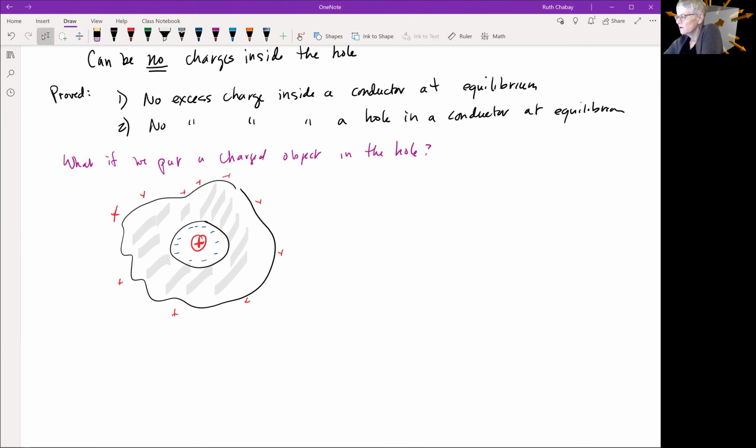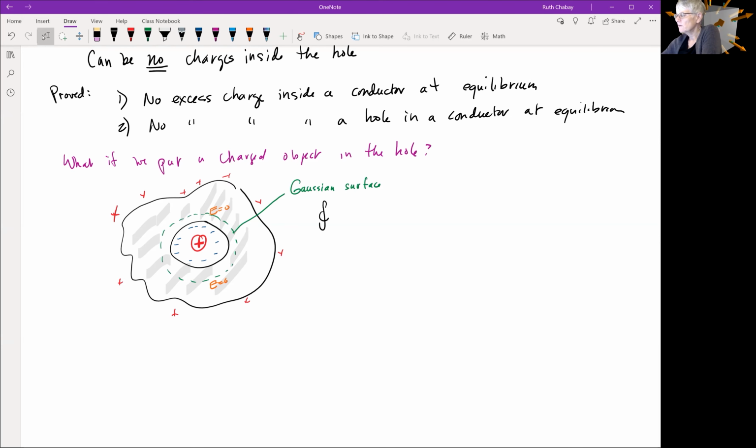So the first thing we're going to do is draw a Gaussian surface that goes through the metal and surrounds the hole just like we did above. So here's our Gaussian surface. Since we're at equilibrium, it's still true that the electric field is zero everywhere on this surface.